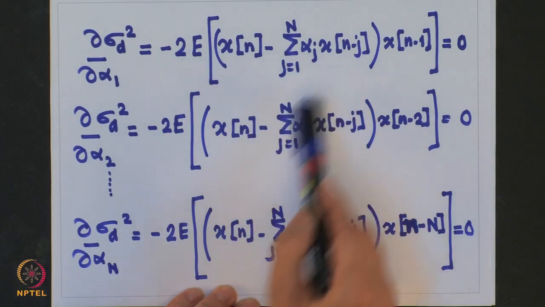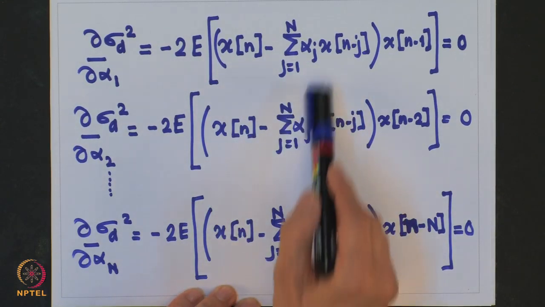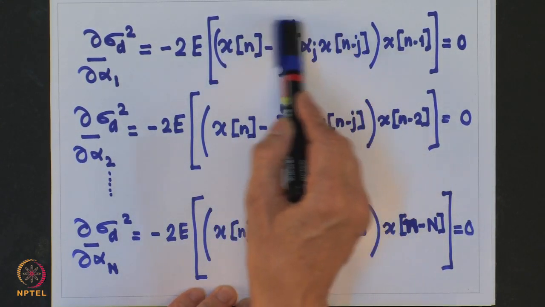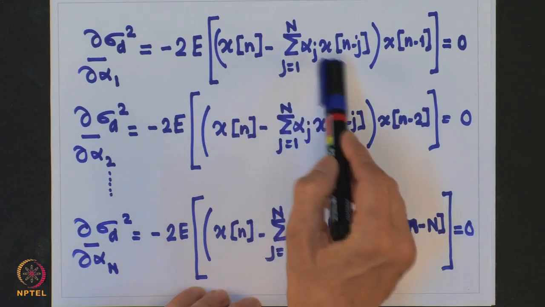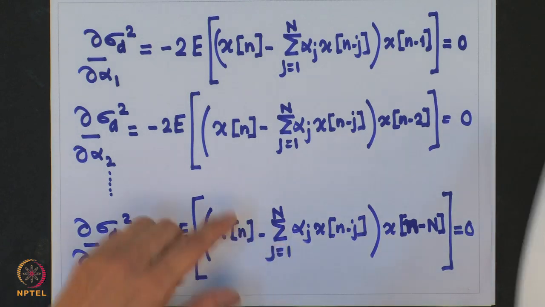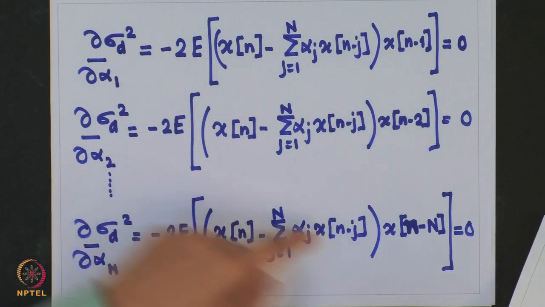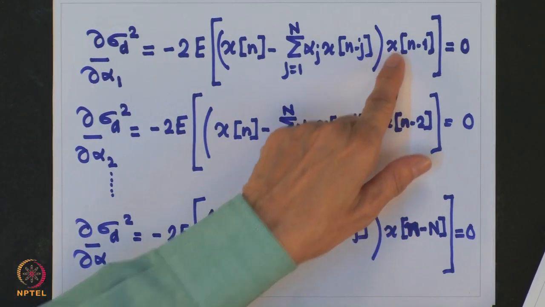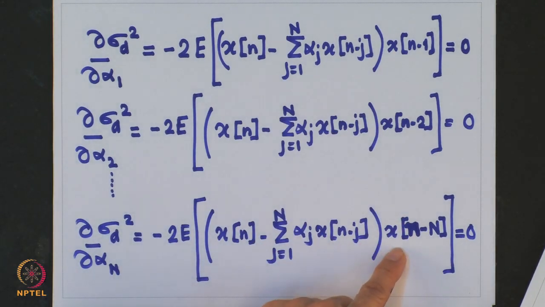This quantity out here is nothing but the error in prediction. So, all these equations suggest that the error is orthogonal to all those components which are being used for linear prediction.